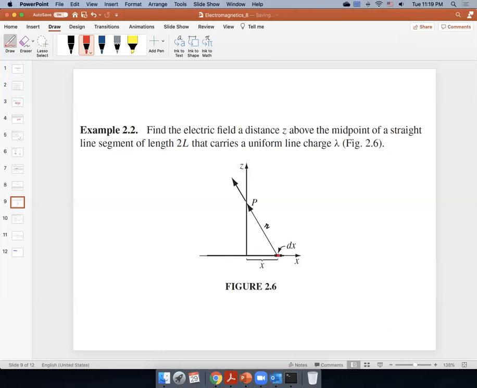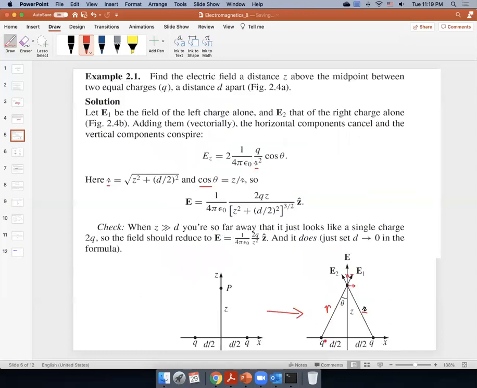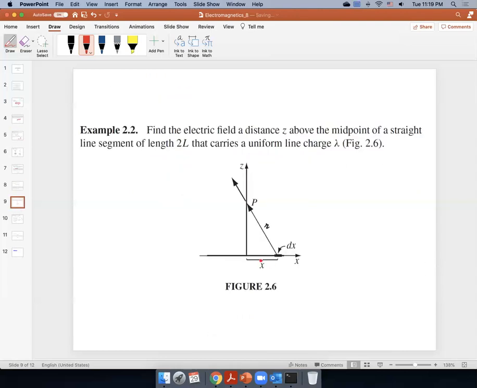It's similar to the previous case. In the previous case, we calculated the field generated by two point charges. But in this case, we're going to calculate many infinitesimally small point charges distributed on a line, which becomes an integral instead of a sum.